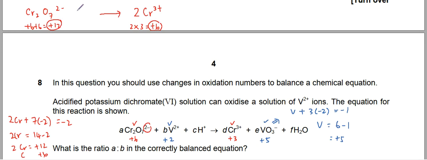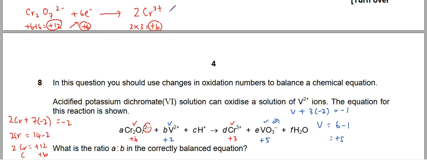For a reduction, we need to balance both side charges. To balance the charges, we add 6 electrons on the left hand side. Now plus 12 plus the 6 electrons, we get plus 6, which is equal to the right hand side. Next we want to balance the oxygen.